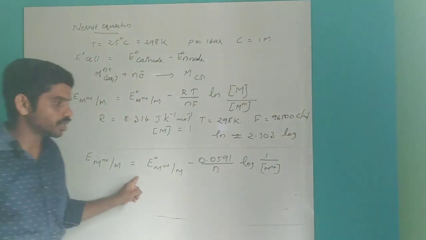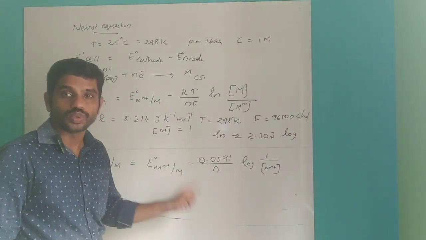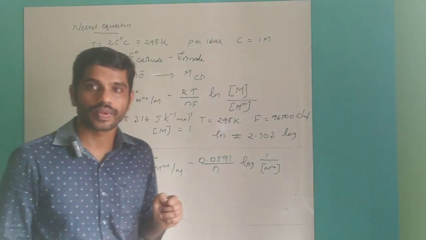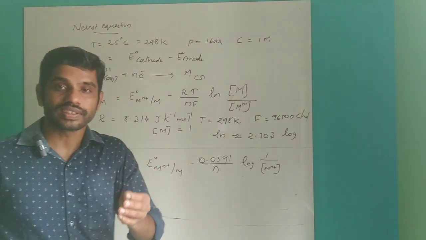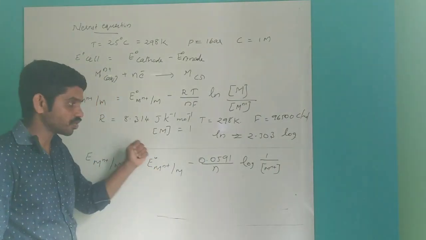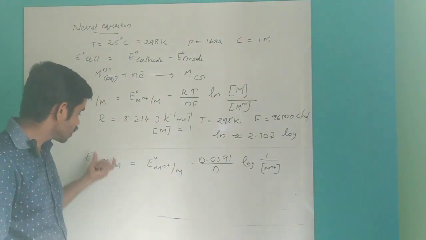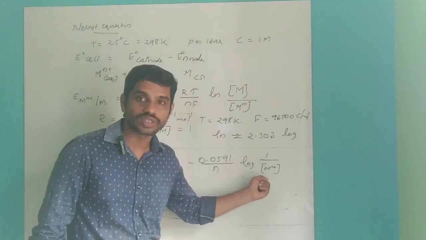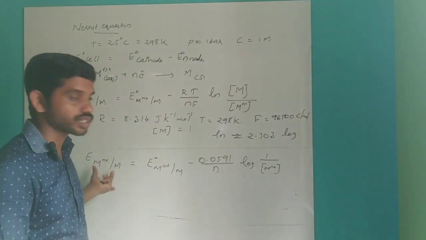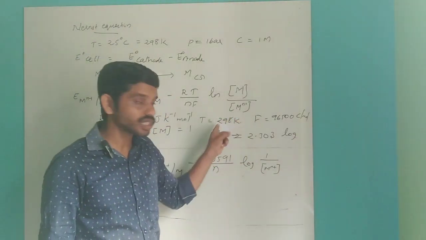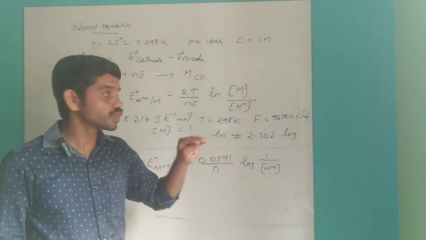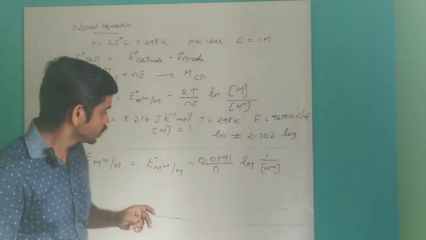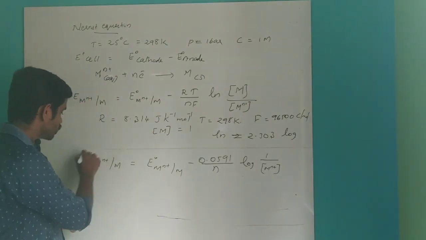So this is the equation used to find out the EMF of a single electrode. For solving the hydrogen electrode, we will use this equation for a single electrode. One electrode is there, and its potential at any concentration; here you can give the value of the concentration of the ion. The temperature we fixed as 298 Kelvin. If it is also not fixed, you can put that in this equation. So this is an important equation.